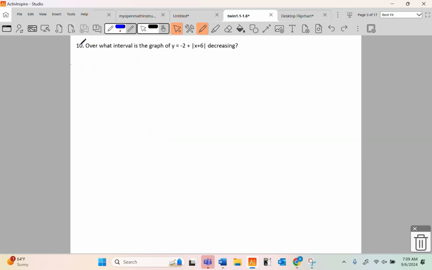This would be number 12. Over what interval is the graph of y equals -2 plus the absolute value of x plus 6 decreasing? So let me put this in a more standard order. It's the absolute value of x plus 6 minus 2. Then I'm just going to look at it. We have to go left 6. We have to go down 2. Put me about right there. And the slope is to rise 1 and run 1.